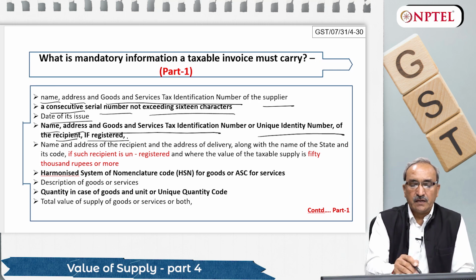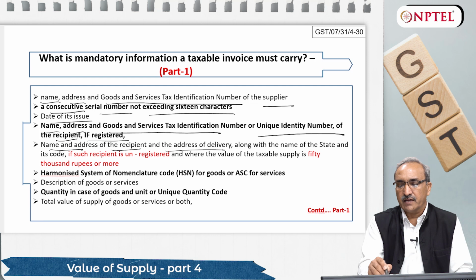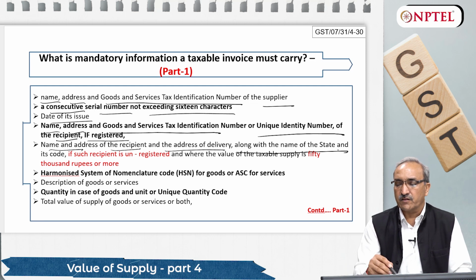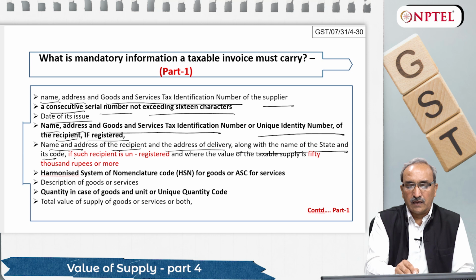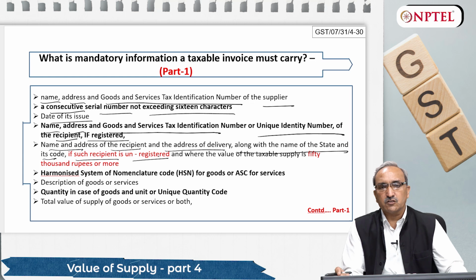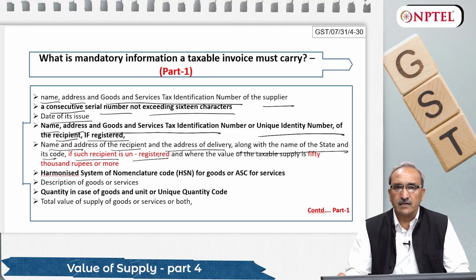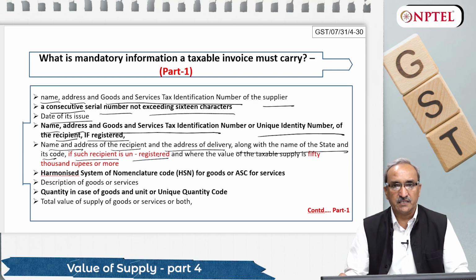Then it says name and address of recipient and address of delivery along with the name of the state and its code if such a recipient is an unregistered person. So consumer may be a registered person, consumer may be an unregistered person. So if he is an unregistered person, his name, his address of delivery, where we are delivering the goods, should be mentioned in the invoice along with the state where he is living.